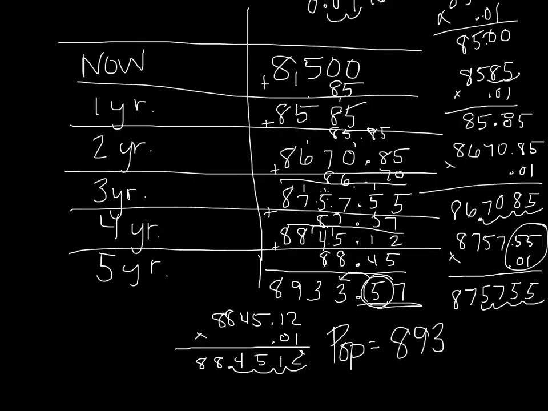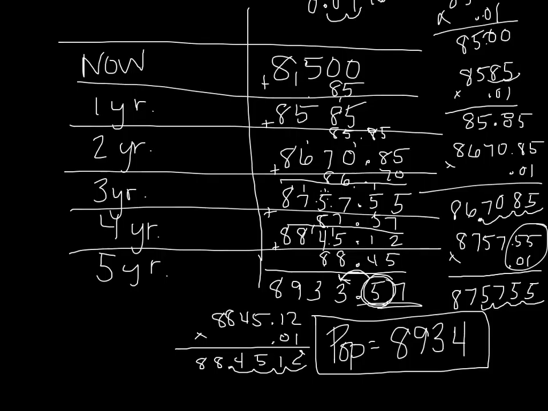Well, this 5 would round it up, so my 3 is going to become a 4. So our population is 8,934 people after 5 years. These can go much faster if you're using a calculator. Hopefully it'll be a little more accurate than you trying to multiply all these decimals.